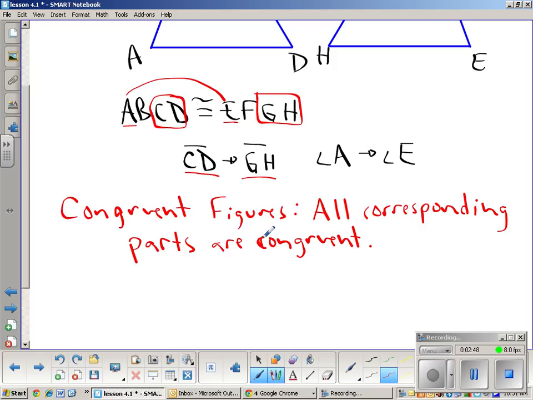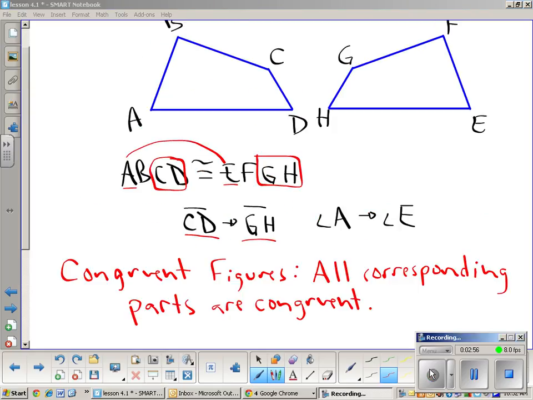All corresponding parts are congruent. If these two figures are congruent, that means all the corresponding parts are congruent.